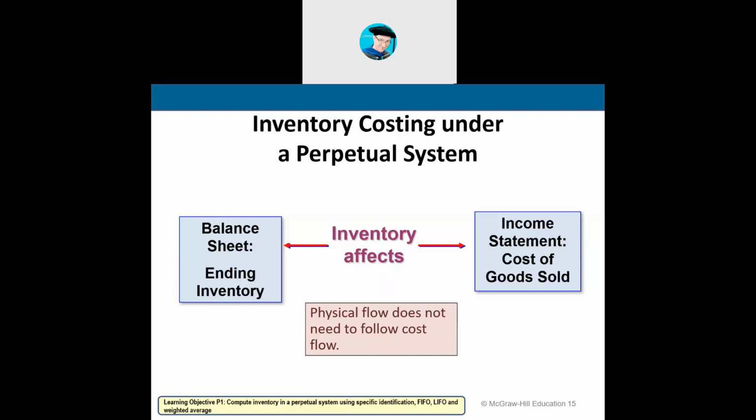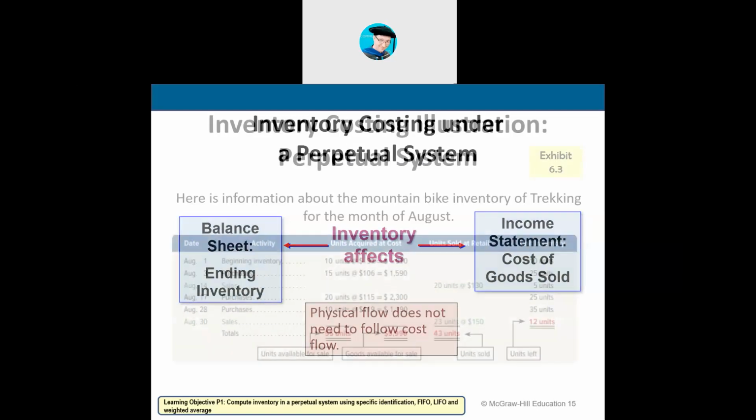The balance sheet will always show you the ending balance of inventory, whatever's left. The income statement shows you the cost of goods sold, that's the cost of the inventory that you sold. And the physical flow doesn't need to follow the cost.